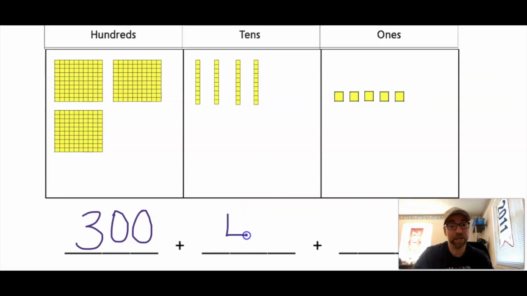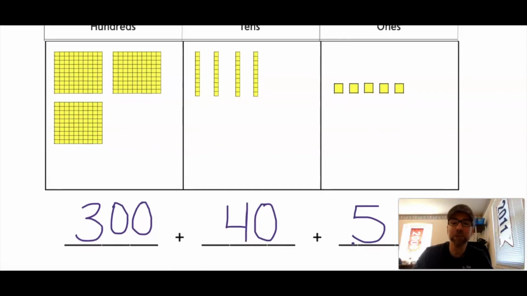So underneath my tens box, I'm going to write the number 40, because that's the value, how much it's worth. And then we get to our ones, where our cubes are. 1, 2, 3, 4, 5. So I wrote down how much we have in base 10 blocks. We have 300 plus 40 plus 5. Listen to what we have.